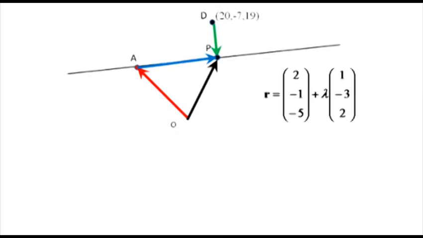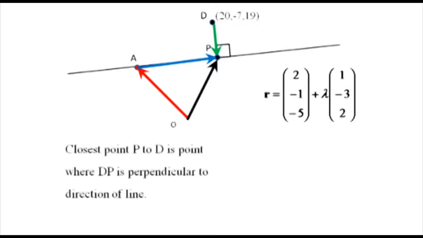of the line. Now recall that if two vectors are perpendicular, then their dot or scalar product is equal to 0. This means that in order to find the closest point on the line to D, we need to find the value of lambda for which the dot product of DP with the vector (1, -3, 2) is equal to 0.